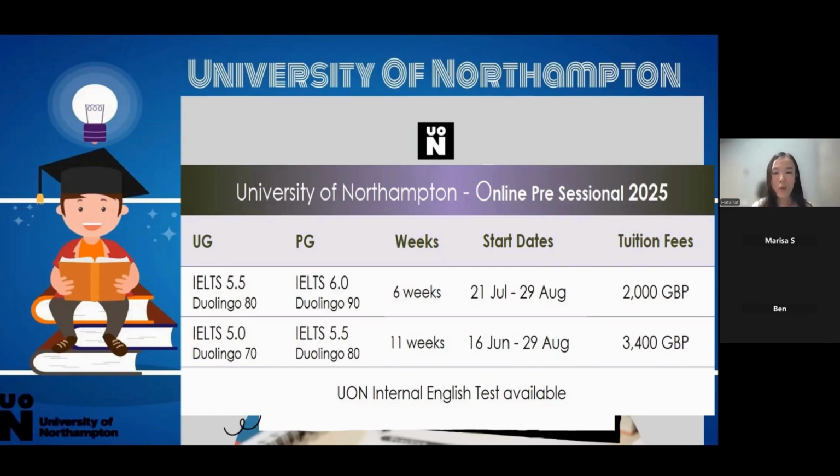But for students who have a lower score, for example IELTS 5.0, you'll be required to take online pre-sessional English for 6 weeks and then progress on to year one. Or if you have a lower score, we have a longer pre-sessional English, which can be done online. That will save living cost while you study pre-sessional, and then you can fly into the UK to do the main undergraduate course.